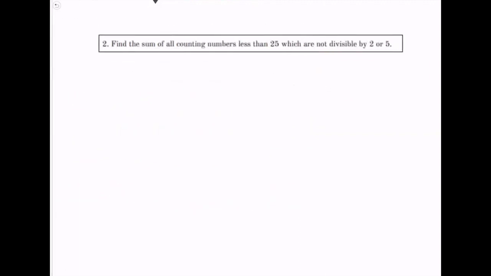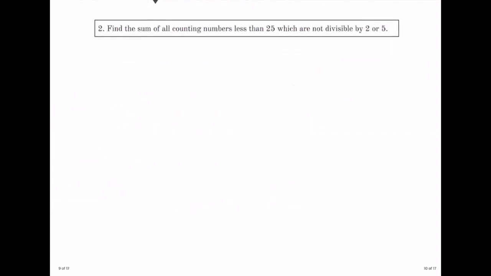Let's move on. Find the sum of all the counting numbers less than 25, which are not divisible by 2 or 5. So one way to do this is just to write out all the numbers from 1 to 24, because less than, remember, so 25 itself isn't included.